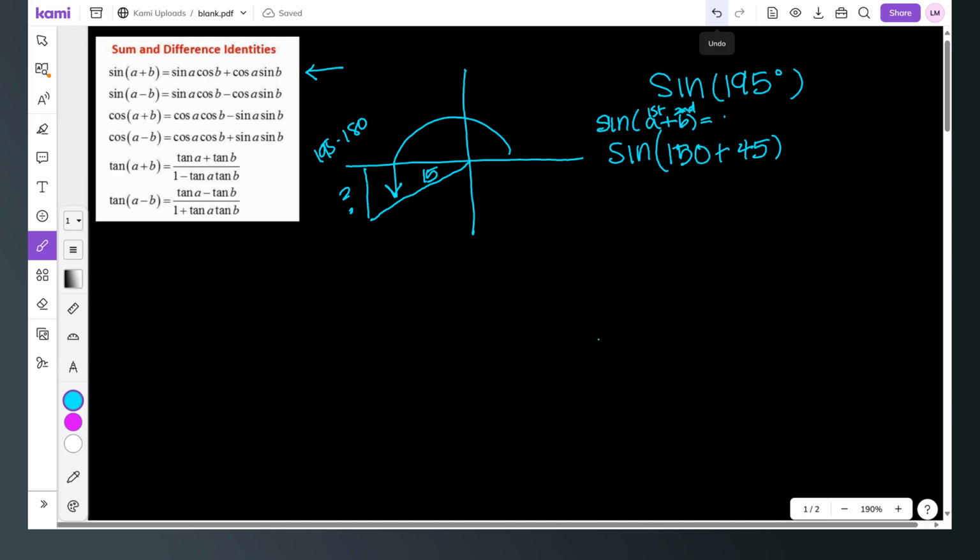Sine of my first angle multiplied by cosine of the second angle plus cosine of the first angle multiplied by sine of the second angle. So I'm going to do that here. I have sine of the first angle multiplied by cosine of the second angle plus cosine of the first angle times sine of the second angle.